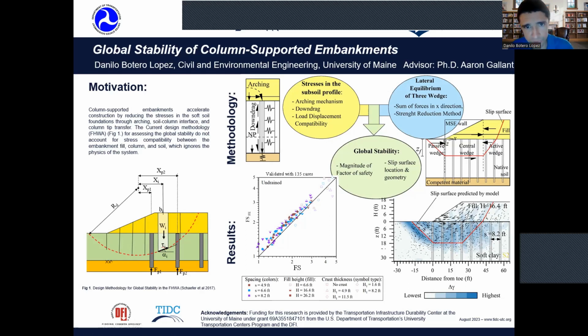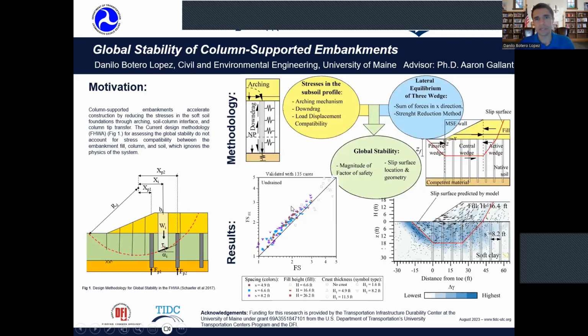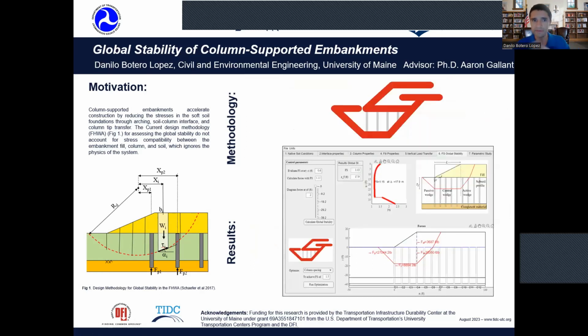And finally, all of these methodologies are very difficult to code. So we are also developing a software package that hopefully we are going to start sending to engineers as a beta version, where we can calculate for different subsoil conditions, different interface properties, varying the column properties and the column geometry, and analyze different fill heights.